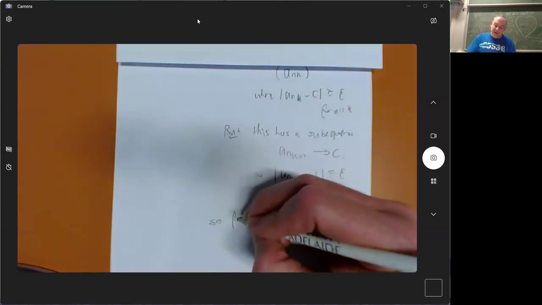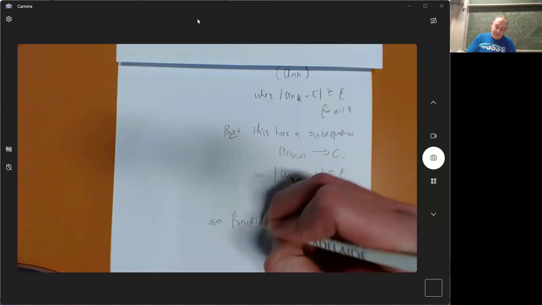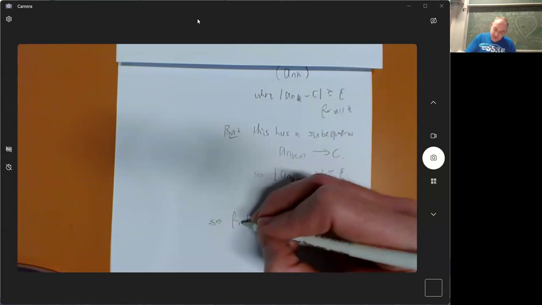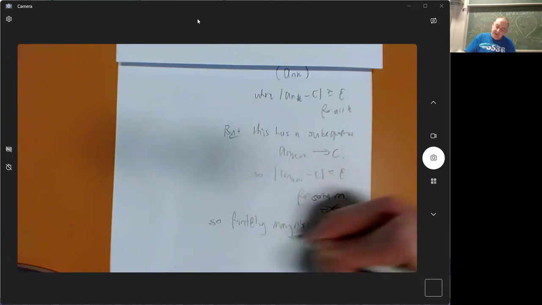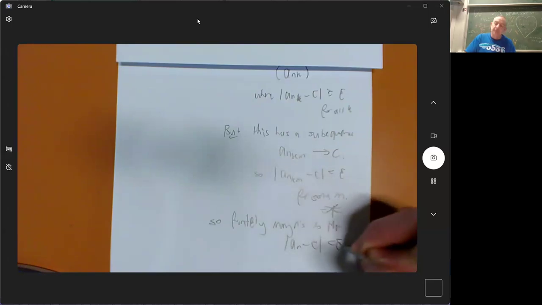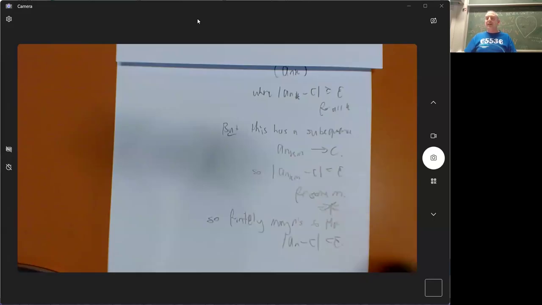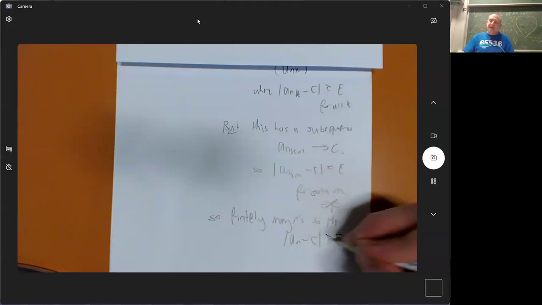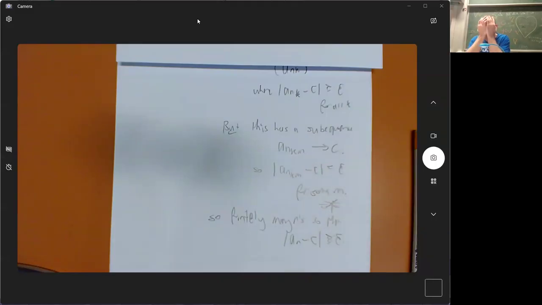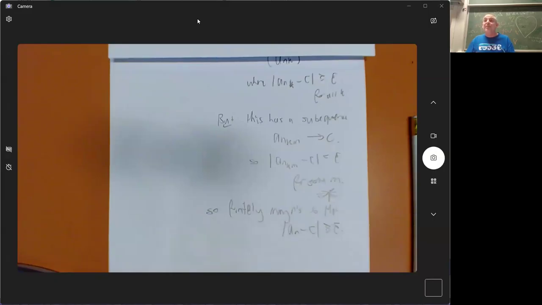So there's finitely many n's so that |a_n - C| is greater than or equal to epsilon. That still doesn't help. Not finitely many where it's less than, so there must be a last one.